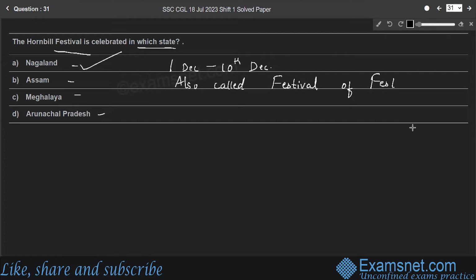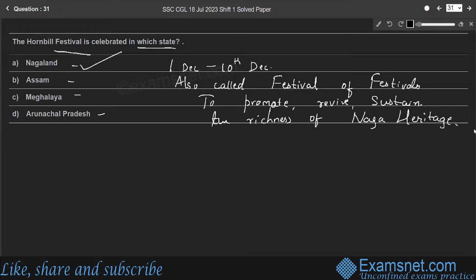It is celebrated to revive, protect, sustain, and promote the richness of the Naga heritage and its traditions. So option A is the right answer.